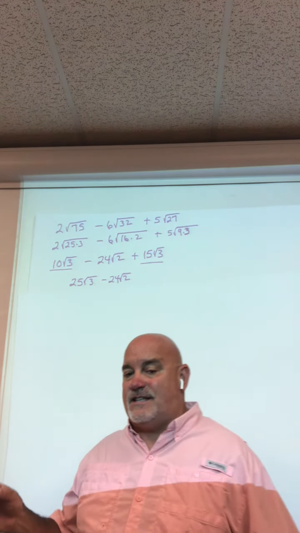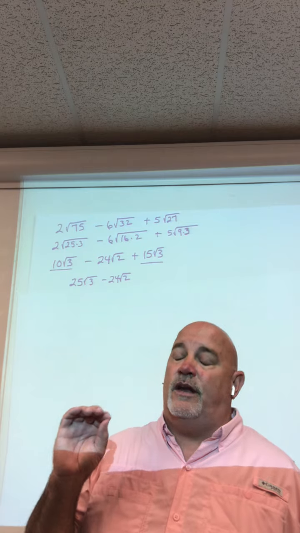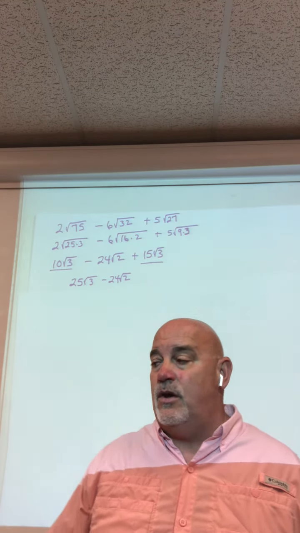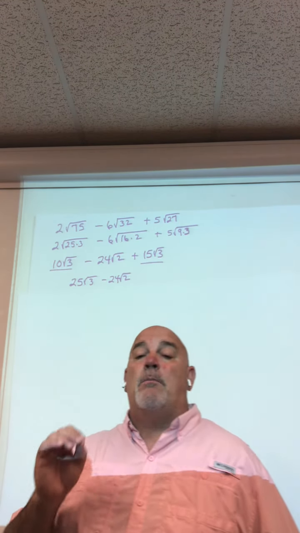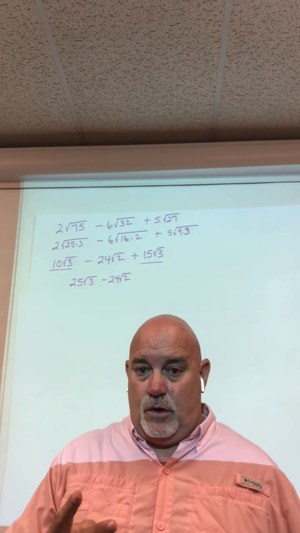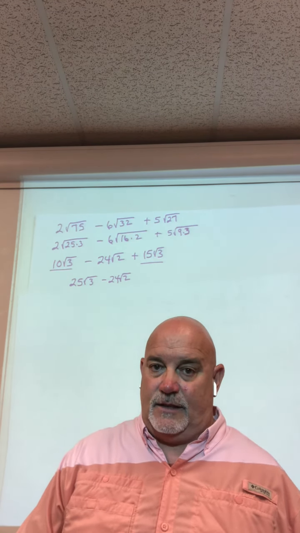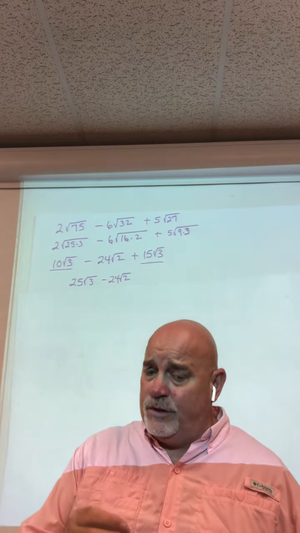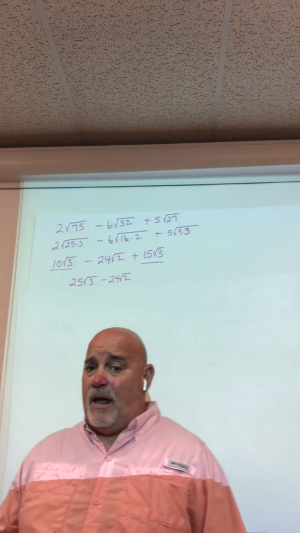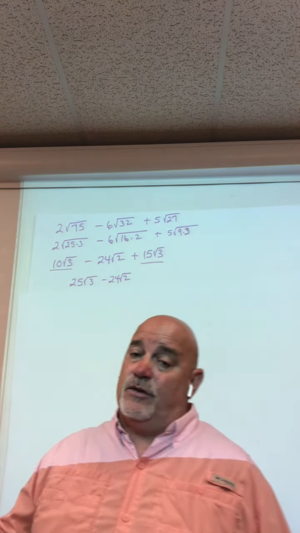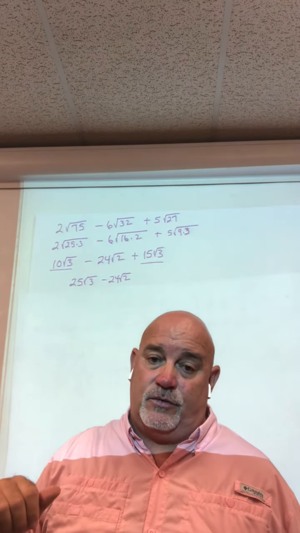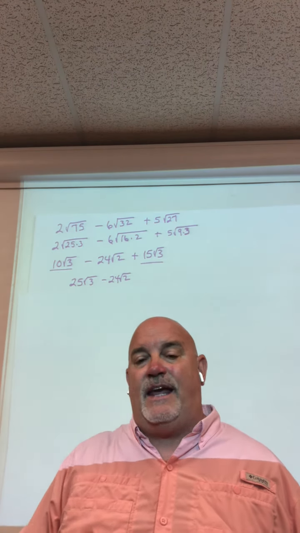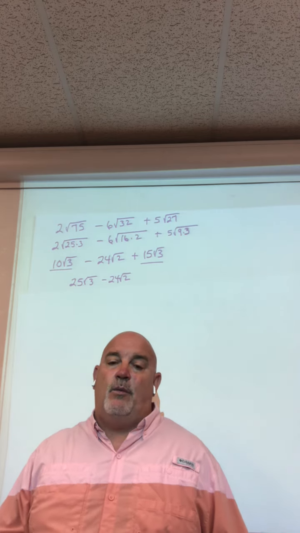Now in this next section, next video, same section, we're going to look at how to multiply 2 terms that have radicals in it. Now the rule is different than multiplying with radicals and adding and subtracting with radicals. That's the same way with adding and subtracting and multiplying with variables.